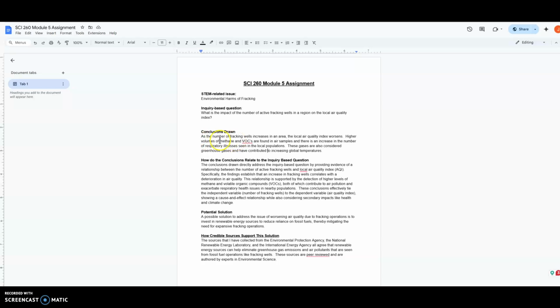So it shouldn't be just a single sentence. Because you have 3 to 5 different sources, there's most likely going to be several conclusions that are drawn. So again, don't just put singular sentences.